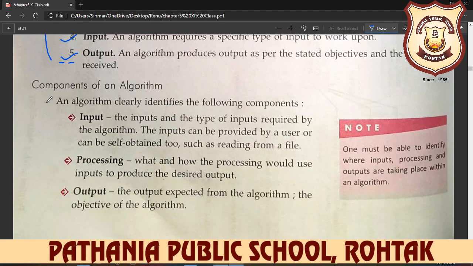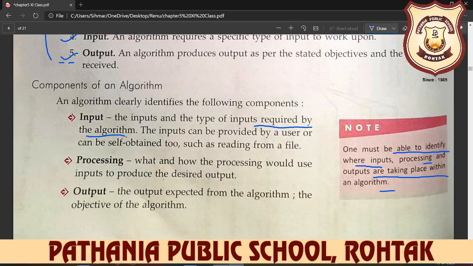Now next are the components of an algorithm. One must be able to identify where input, processing and output are taking place within an algorithm. An algorithm clearly identifies the following components. Number one is input: the inputs and the type of input required by the algorithm.